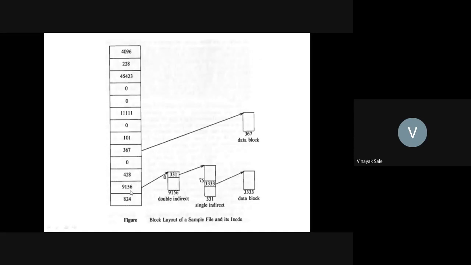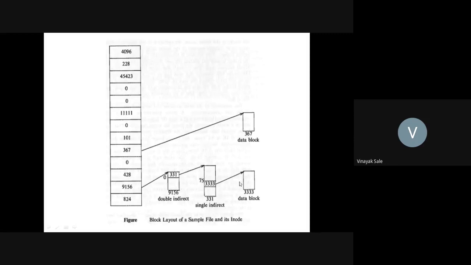Here the index number goes to the entry which is double indirect, and in that a link is stored, that is 331. For single indirect, it goes to that 331. So here 331 is stored at the 0th level address in the double indirect.